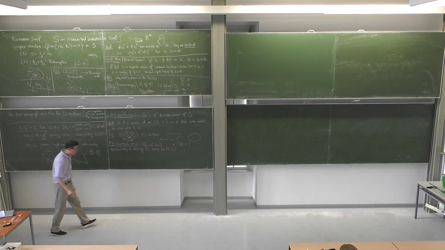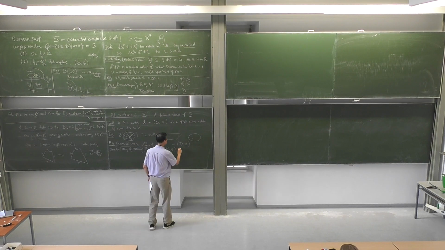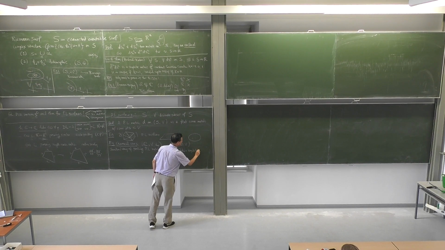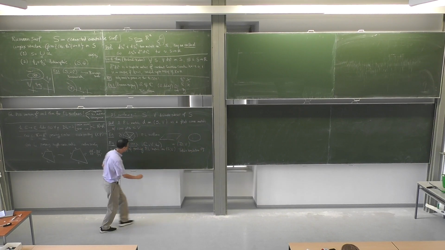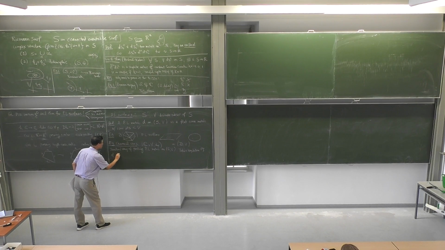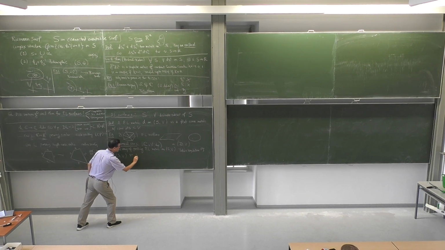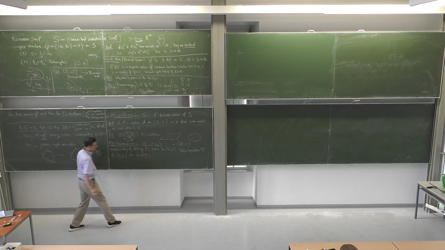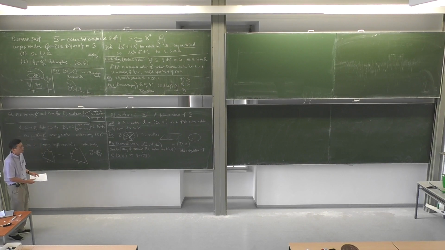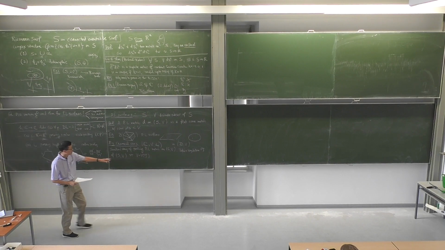The way of doing it is just to take a triangulation. Take a triangulation T of this marked surface. I also want the set of vertices of the triangulation to be exactly the set of vertices V.